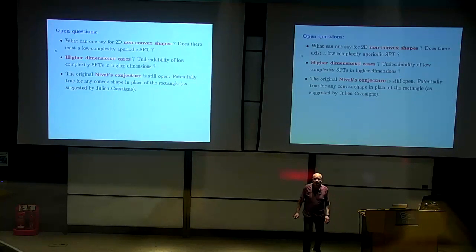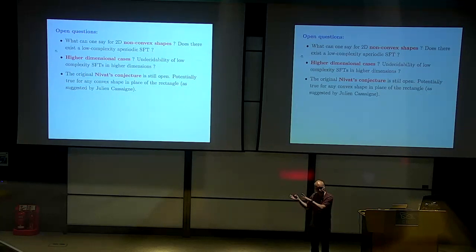Okay, I'm running out of time, so let me finish with the questions that remain. There are plenty of them. The last theorem that I told you about was about convex shapes. So what can we say in 2 dimensions for non-convex shapes, or even disconnected shapes? Does there exist a low complexity aperiodic two-dimensional SFT?